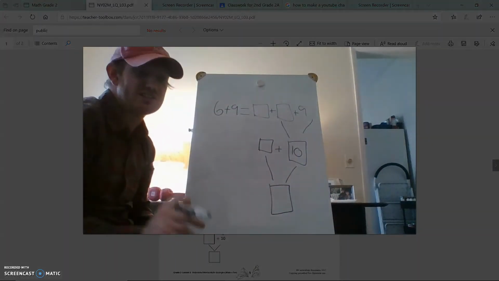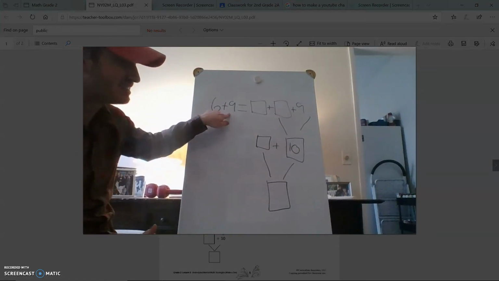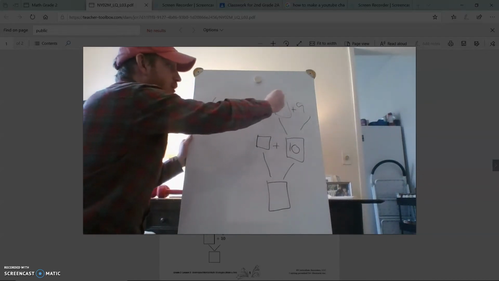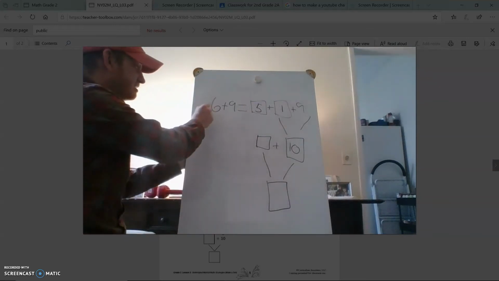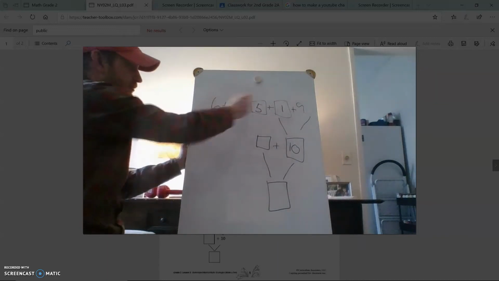So we have 6 plus 9. And we know that 6 plus 9 is the same thing as saying 5 plus 1 plus 9, because 6 is the same as 1 plus 5. So 5 and 1.